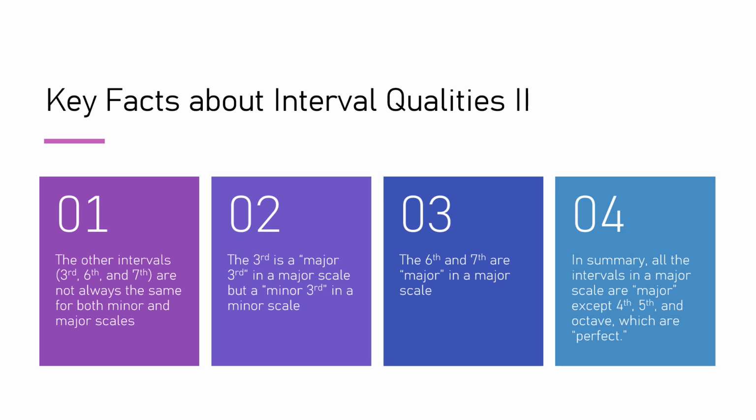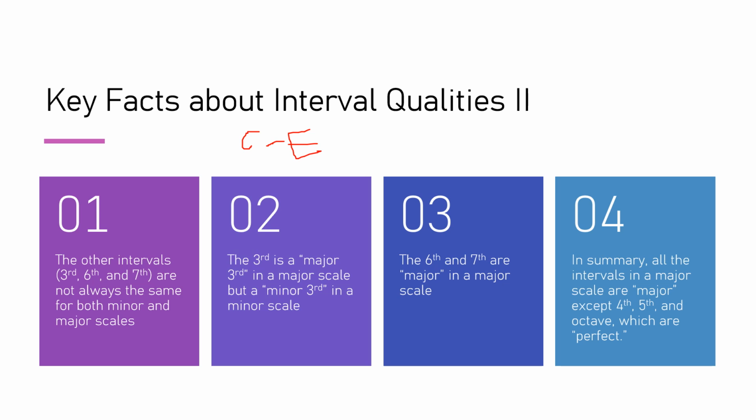So let's come to the major scale. The third degree in a major scale is a major third. So if you go back to the example that I showed you, where we kind of said C to E, all right? C to E is a third.